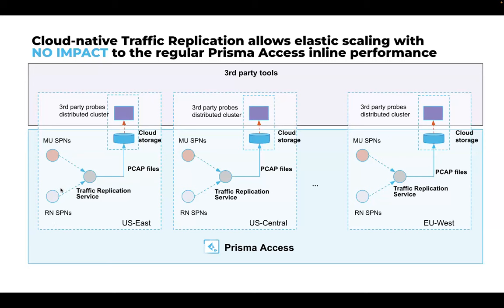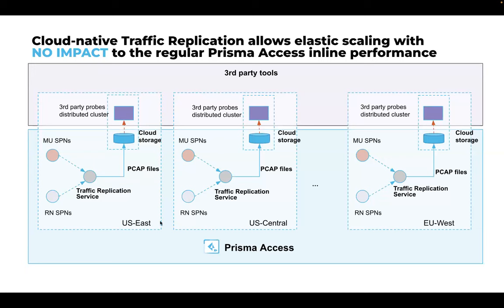For each of these regions, we will spin up new infrastructure that would capture this copy of the traffic, and will produce these, as I mentioned, PCAP files that would be stored in some new cloud storage buckets that we will create.